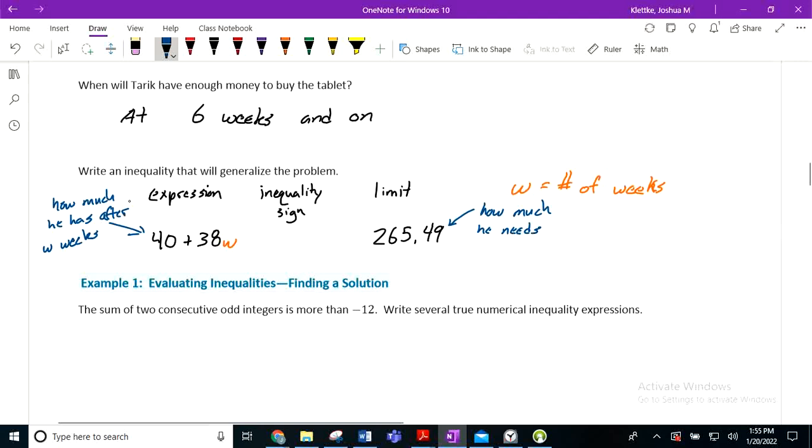So how much he has, if he's going to actually buy it, has to be greater than or equal to how much he needs. He's allowed to have more and still be able to buy that tablet, but he cannot have less and still be able to buy that tablet. He can have equal to also, which is why we put that line under it. So he can have more than enough, he can have just enough, but he can't have less than. So our inequality would be this right here.